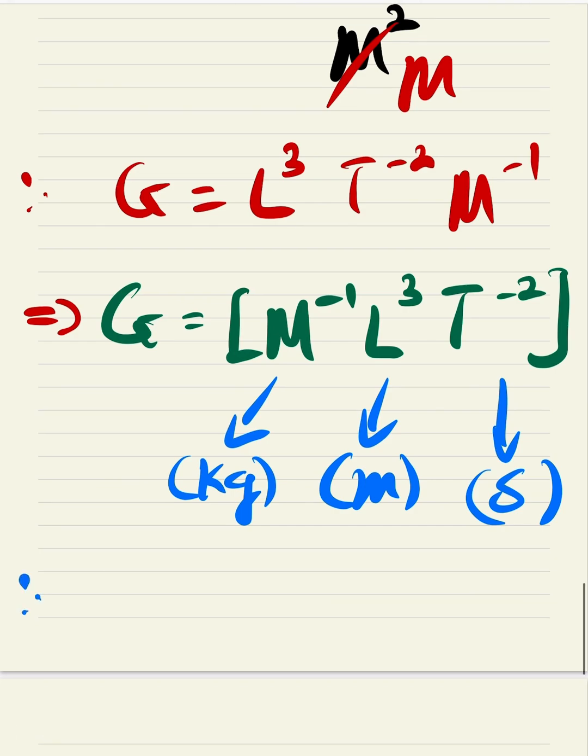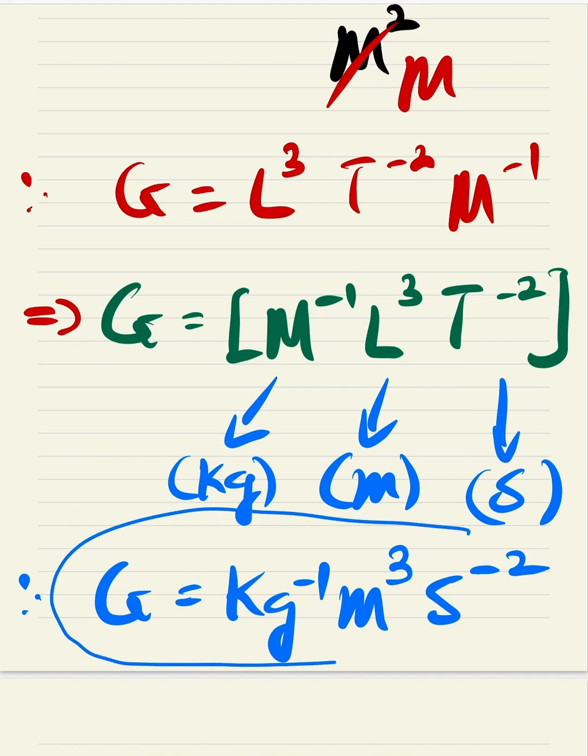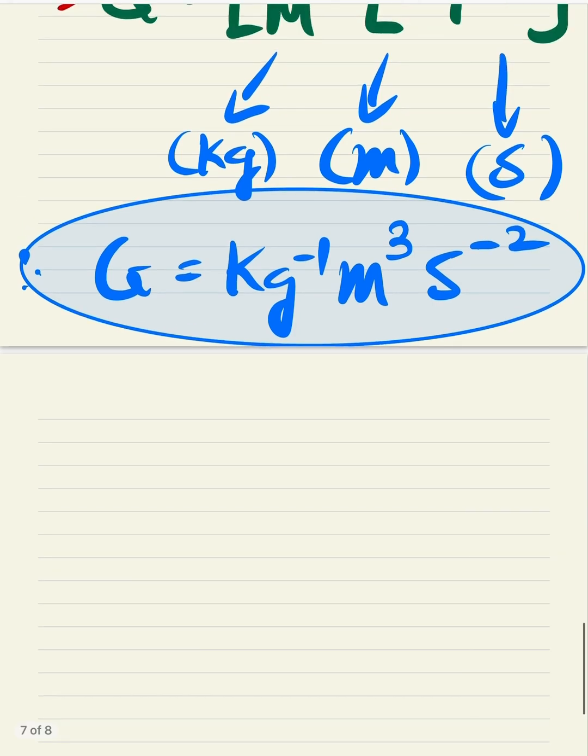So at the end of the day, my G can be in per kilogram, you put the -1 back, meter cubed, per second squared. That is what you are going to have as your answer. You can see it's very easy.